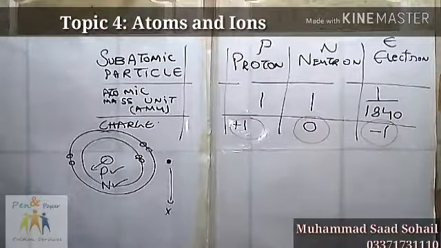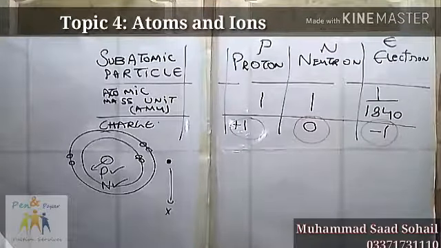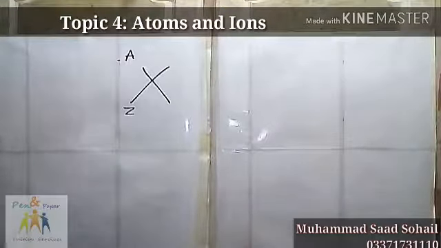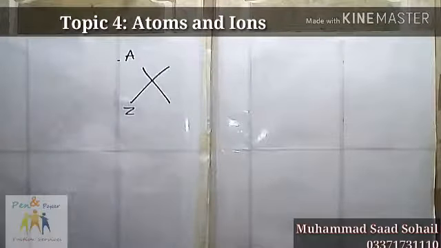Let's, for example, first of all look at another diagram. Now, if you look at a depiction of any chemical symbol, let's say there is a symbol X, and it is noted.